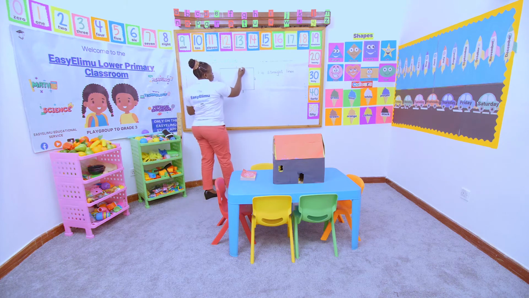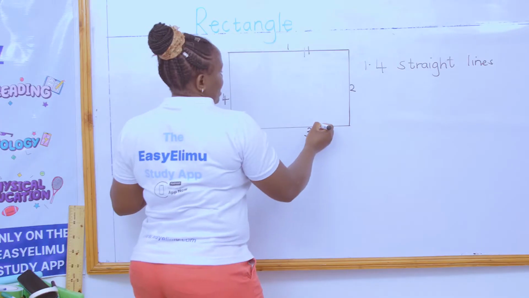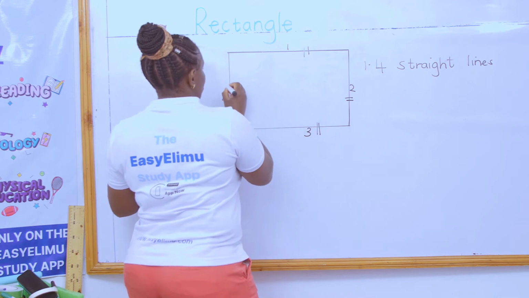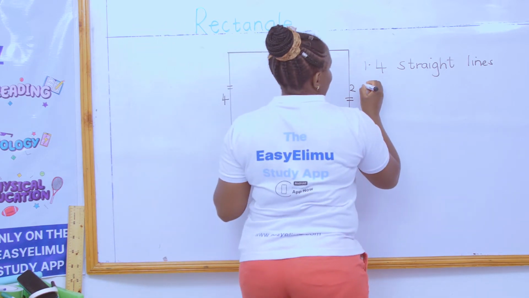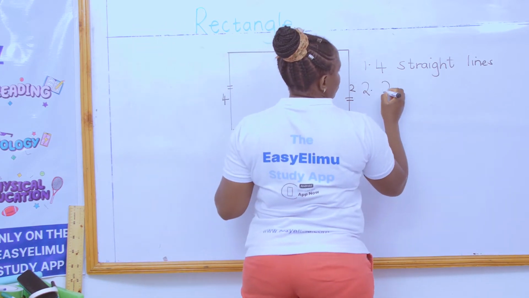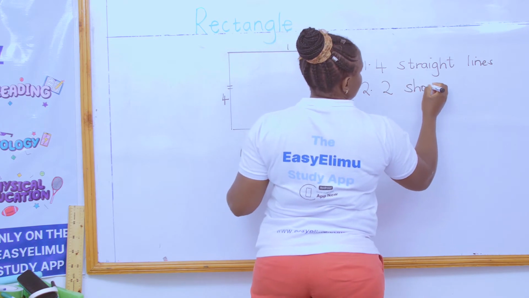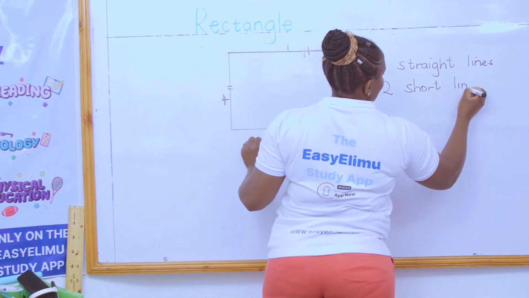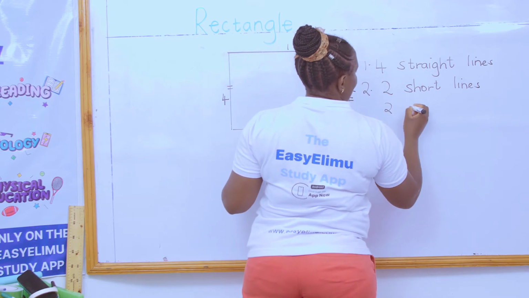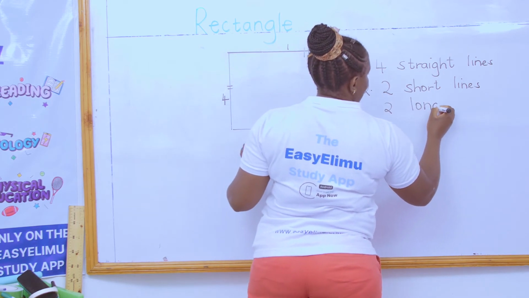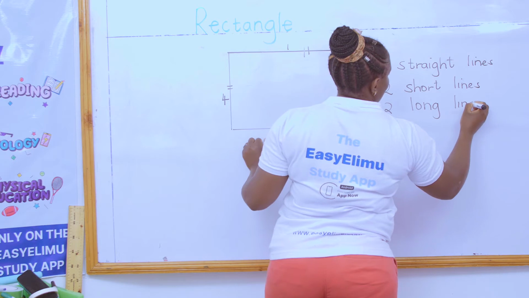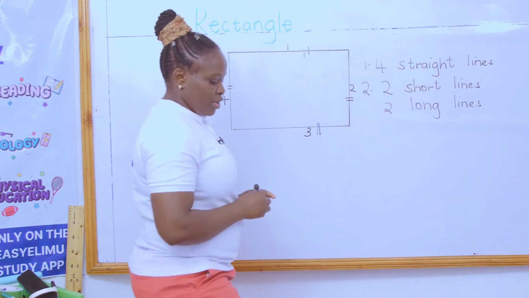Teacher, it has 2 long lines and it has 2 short lines. Very good. It has 4 lines and 2 are short lines. Then 2 are long lines. Very good.